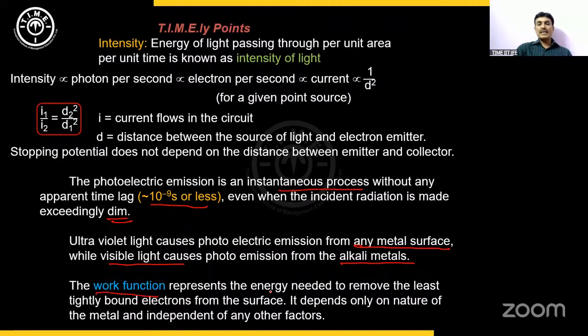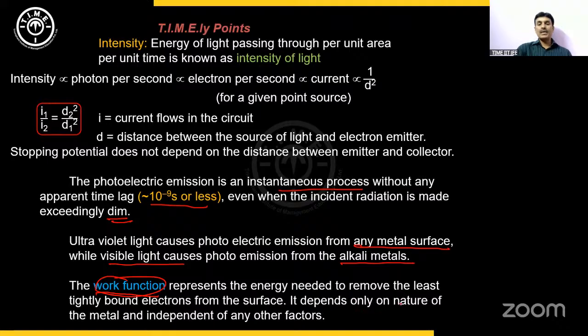Now, once again recalling work function. Work function is the minimum energy needed to remove the least tightly bound electrons. Least tightly bound electrons require least energy. That least energy is known as work function. So the work function represents the energy needed to remove the least tightly bound electrons from the surface.